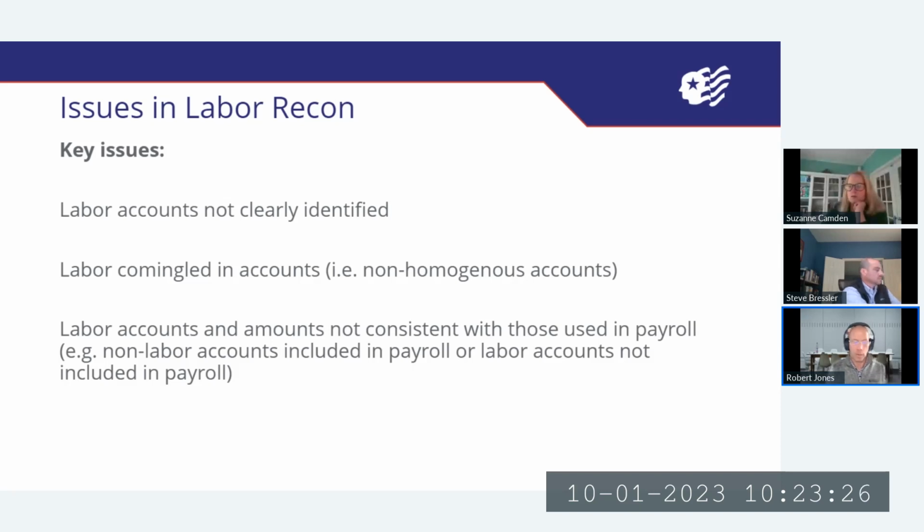They become a payroll item, but they are not labor, right? So hopefully you understand what I'm getting at: make sure that that stuff is clearly identified, because the accounts that payroll is looking at to generate what they need need to match what we're looking at and using as labor.